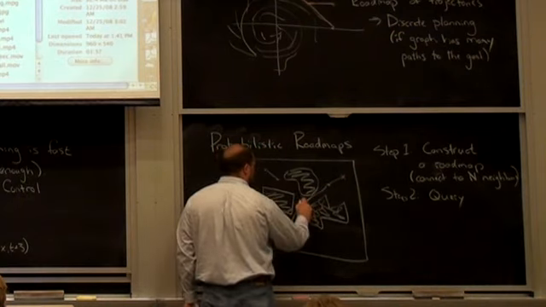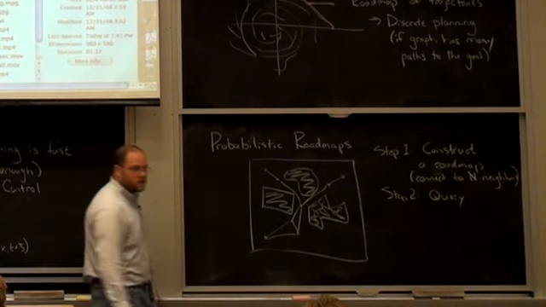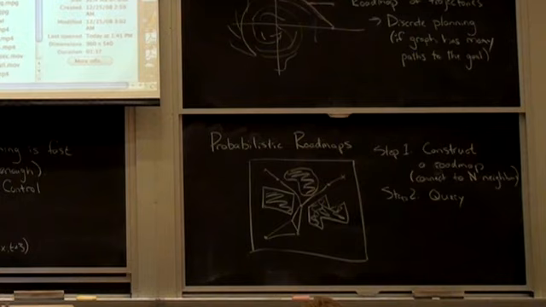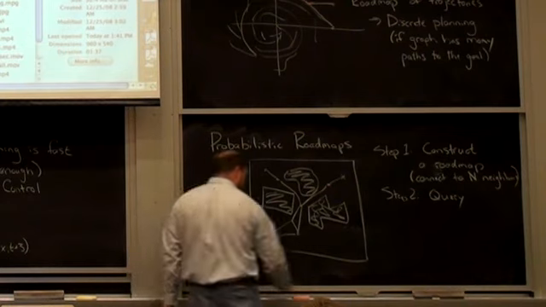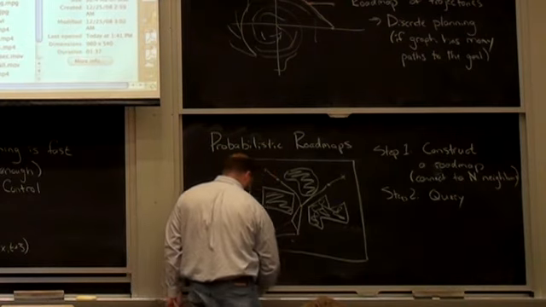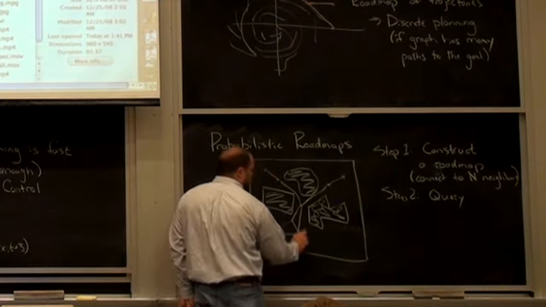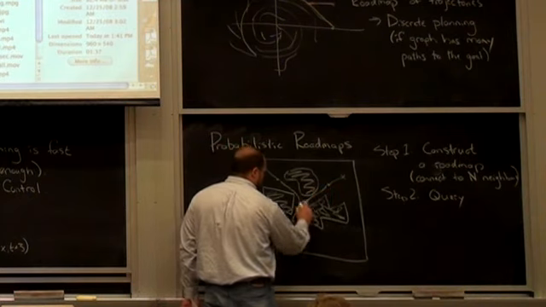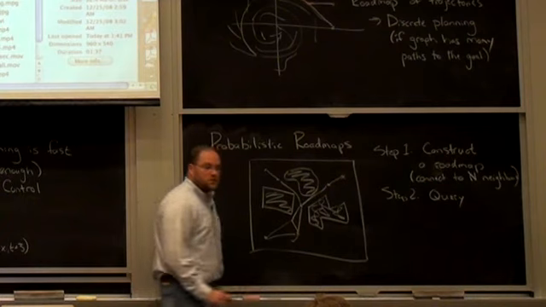Maybe this guy was the one that connects to everybody. When the query phase comes along, again, all you need to do is connect to your roadmap. I get a new query, I just connect to my roadmap. I do whatever my discrete searching problem, my A star or whatever, to find a path from the start to the goal. Okay?